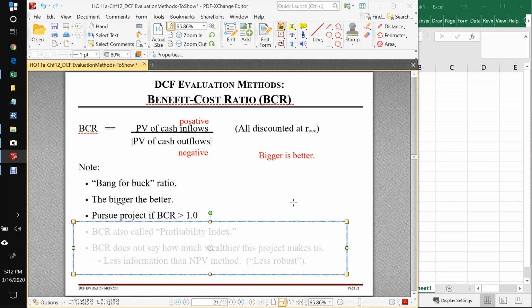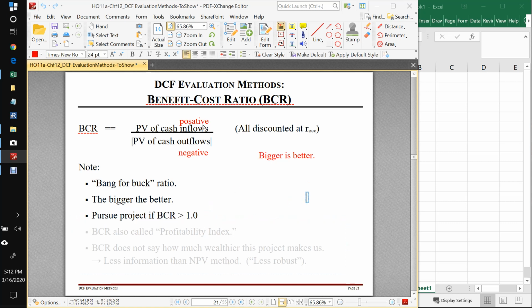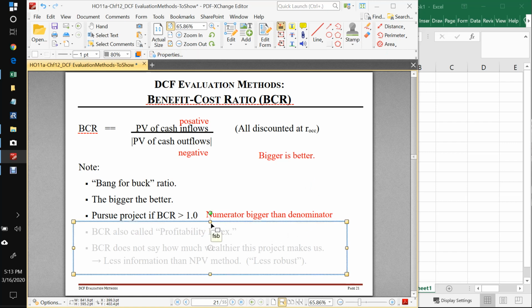So what we really want is we want the numerator to be bigger than the denominator, right? That's what we're really looking for. So this one would be what we would have called a knife edge in our ratio analysis work.